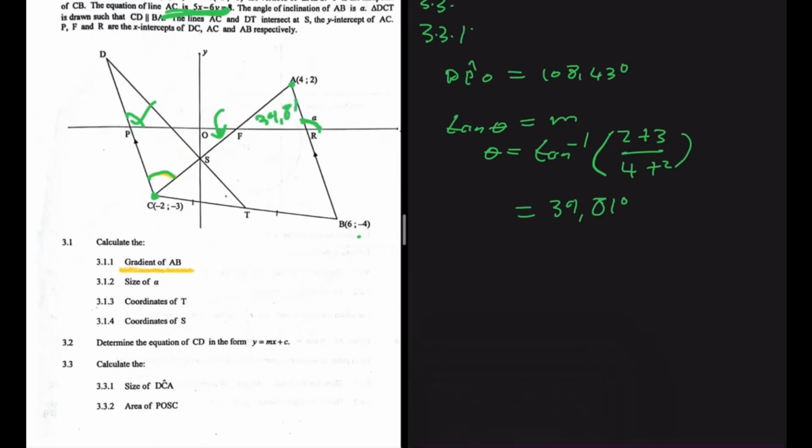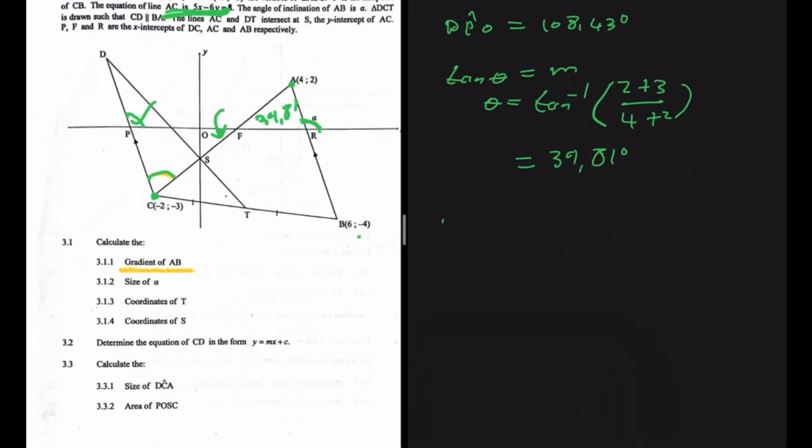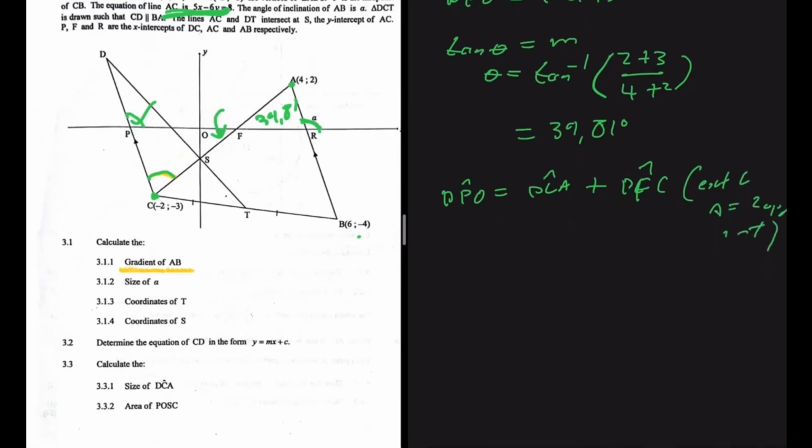Now we can say that angle DPO is equal to angle DCA plus angle PCF, with the reason being the exterior angle of a triangle is equal to the two opposite interior angles.